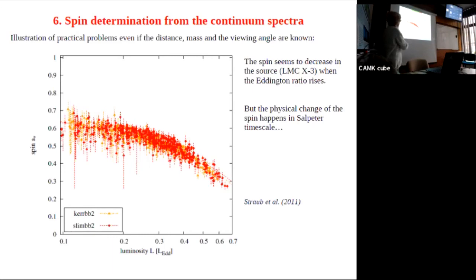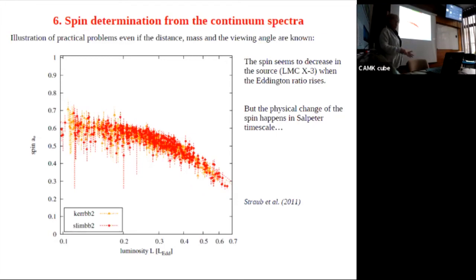She calculated, because for galactic sources, they get brighter, less bright, whatever. So she took all the data, and the same source was at different Eddington ratios. She determined the spin for each observation separately. At low Eddington ratio, it was about 0.6, but then the spin went down.